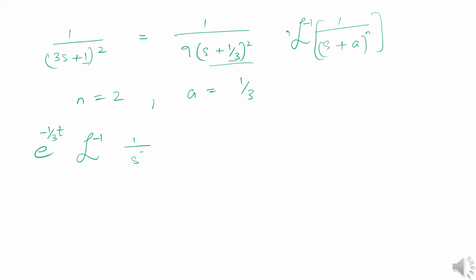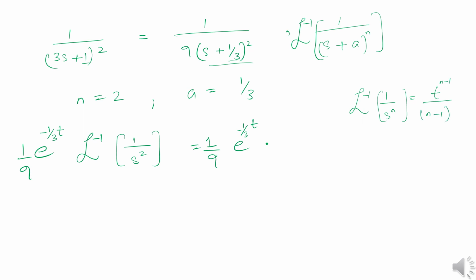So 1 over 9 stays in its place, multiplied by e to the power negative t/3 and the Laplace inverse of 1 over s to the power n, which is t to the power n minus 1 over (n minus 1) factorial, so t to the power 2 minus 1 over 2 minus 1 factorial.